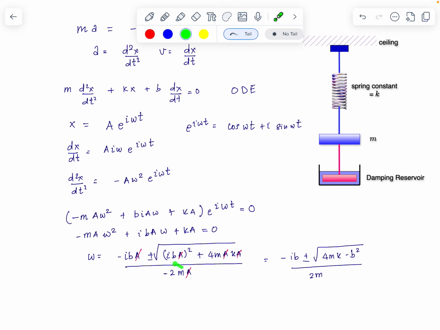The negative 2 has been removed here, so therefore we should write this as a plus i b. That's essentially what the two roots of omega look like.